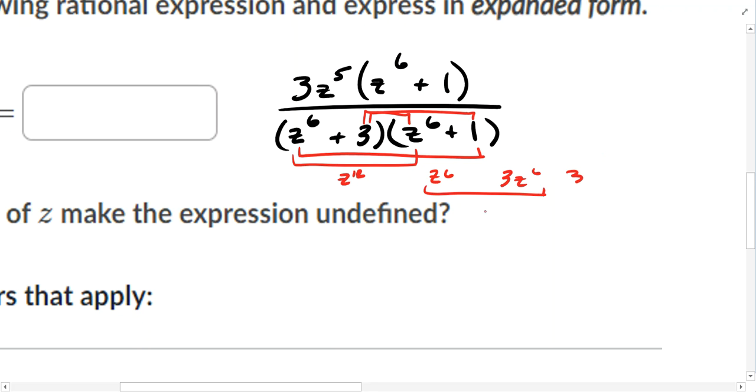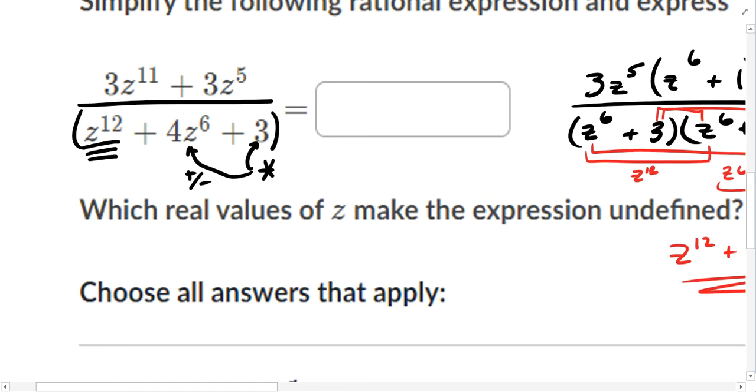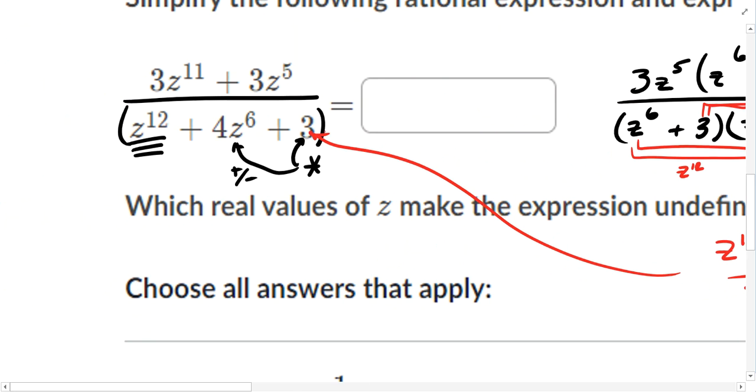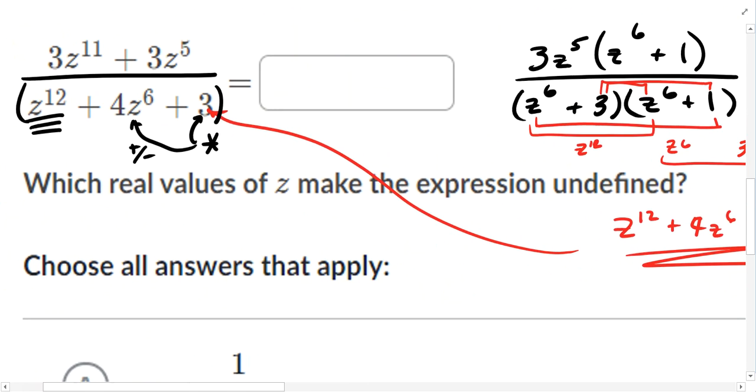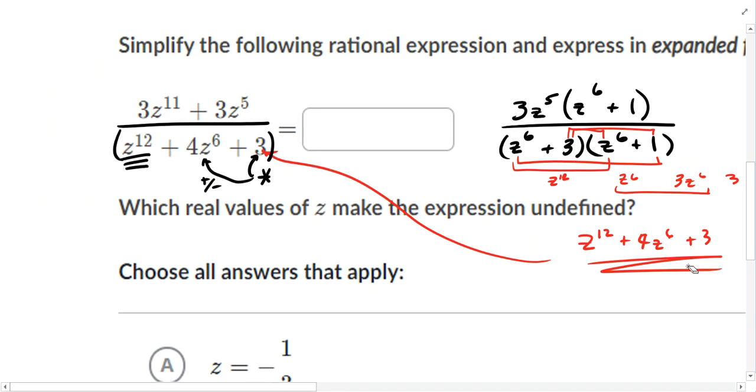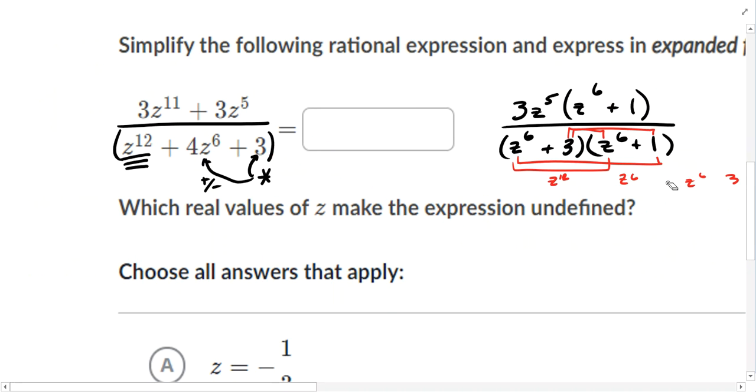When I combine these two like terms, I'm now left with z to the 12th plus 4z to the 6th plus 3. And indeed, that was the original trinomial that we had in the denominator back here. So all of that red ink was just done to verify that we did factor correctly.